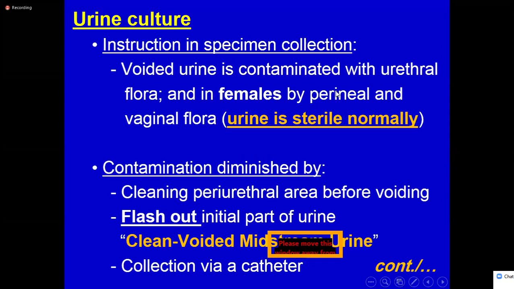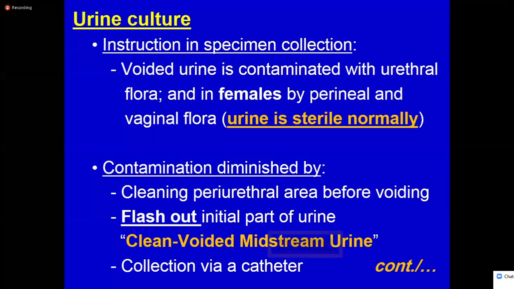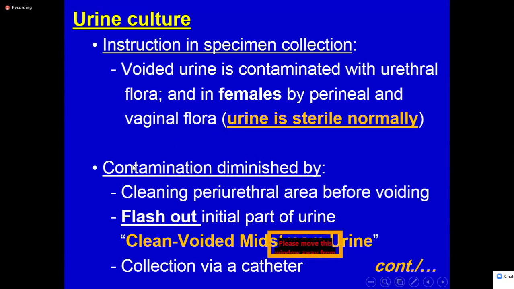It may become contaminated by perineal and vaginal flora. Urine is usually sterile normally, but during voiding, when the patient collects the urine, it may become contaminated. You are going to do a culture from it, and for this reason, how to decrease the contamination.